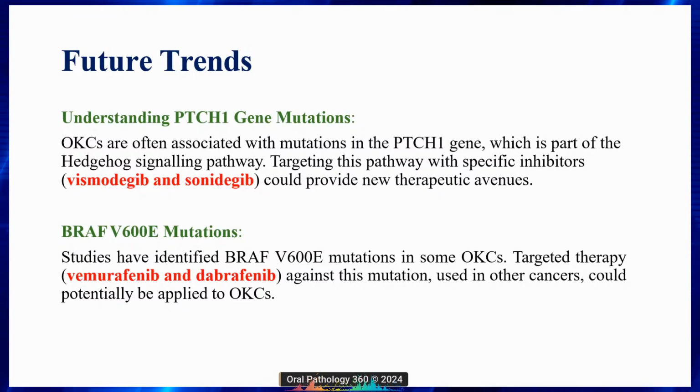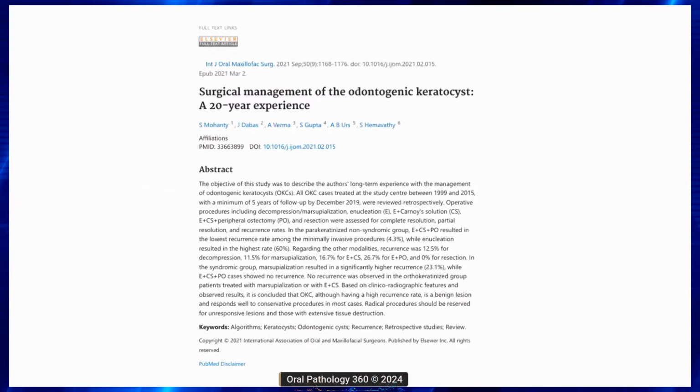Studies have identified that BRAF V600E mutations are seen in some OKCs, so targeted therapy with vemurafenib and dabrafenib against this mutation can potentially be used for treatment of OKCs, as used in other cancers.